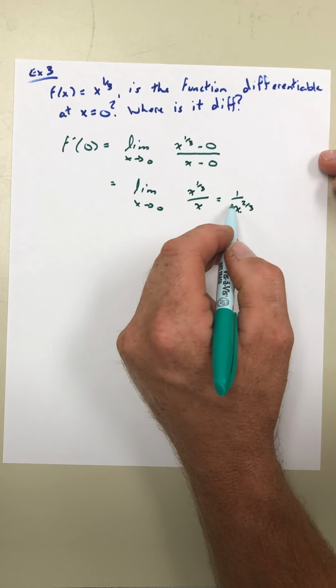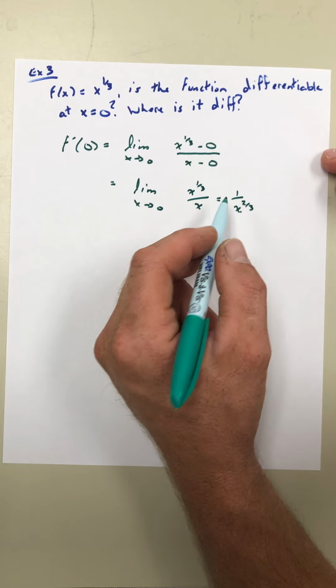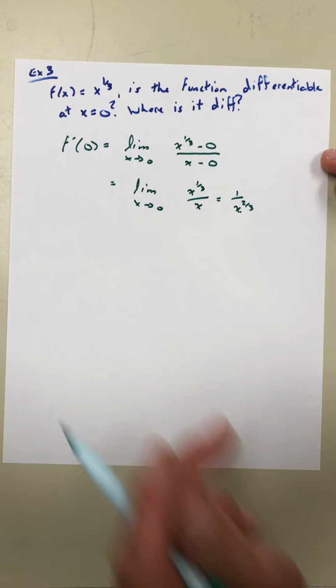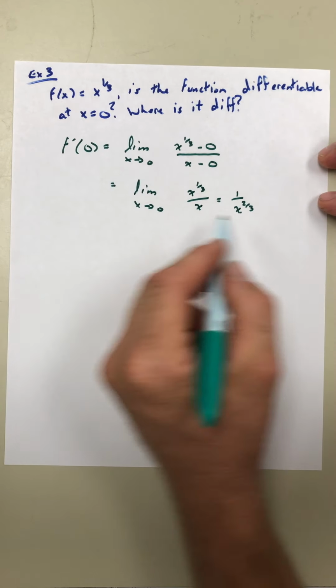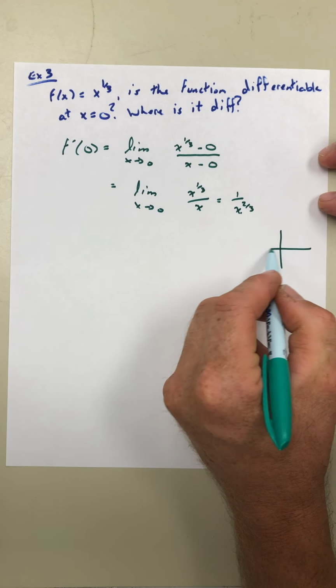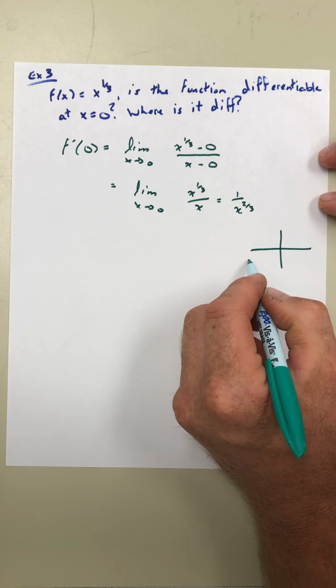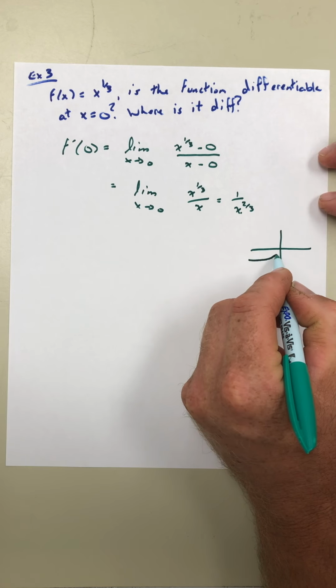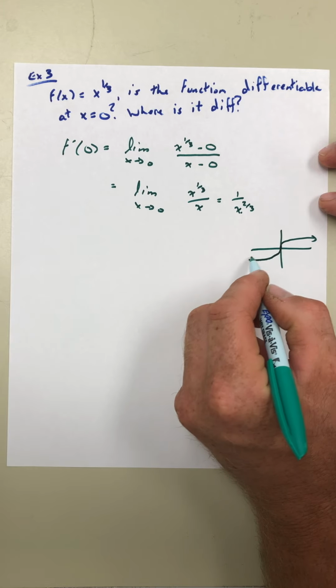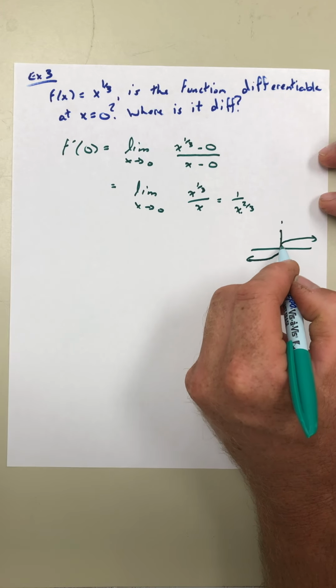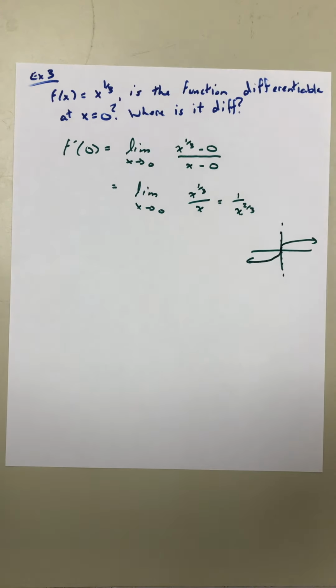We see that this is going to define a vertical tangent line. So if I were to graph x to the 1/3, the graph comes in, comes up very, very strongly, and then goes out. So we see that we have a vertical tangent line at x equals 0.